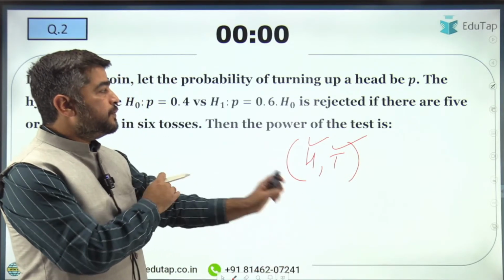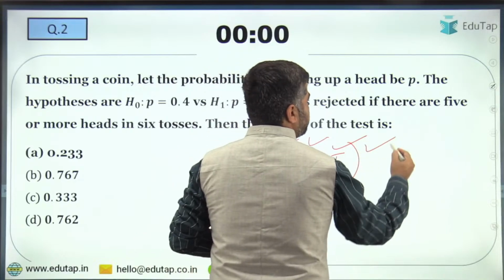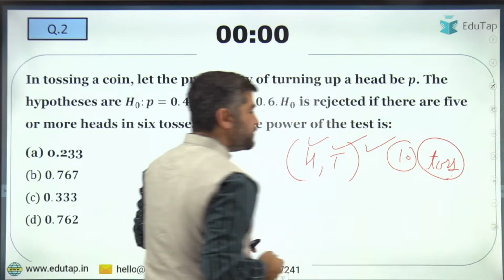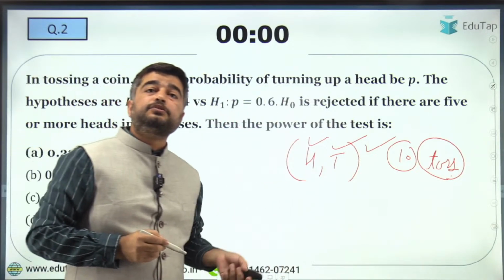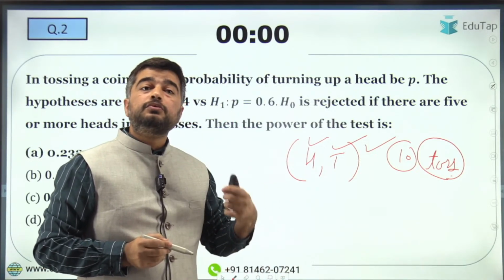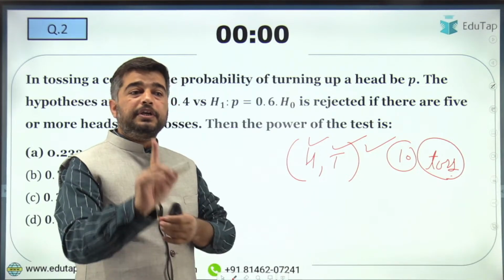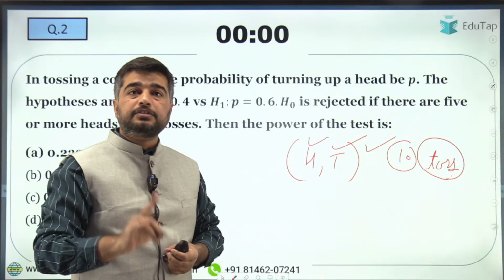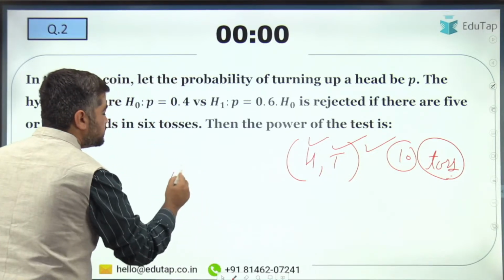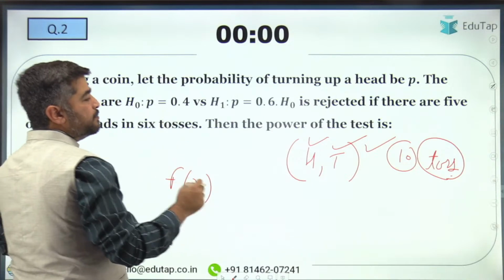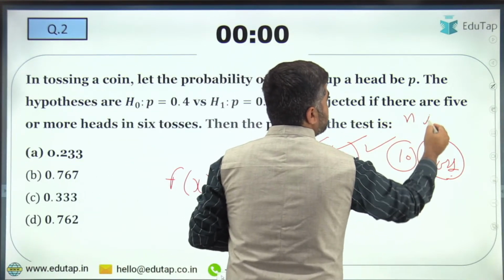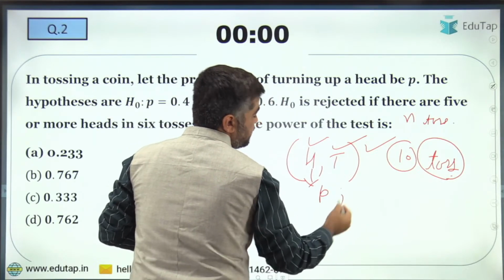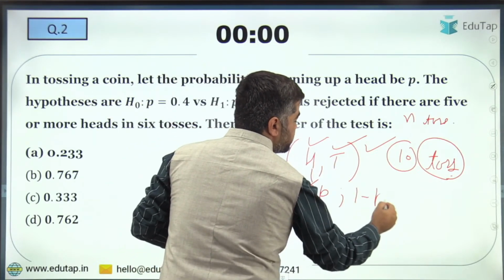Now if you have a sample which has 10 tosses, you tossed 10 times, fine, what will be the probability distribution of that toss? That will be given by binomial distribution, and the binomial probability distribution function is like, for example, you are doing n trials and you have probability of head p and probability of tail will be 1 minus p.